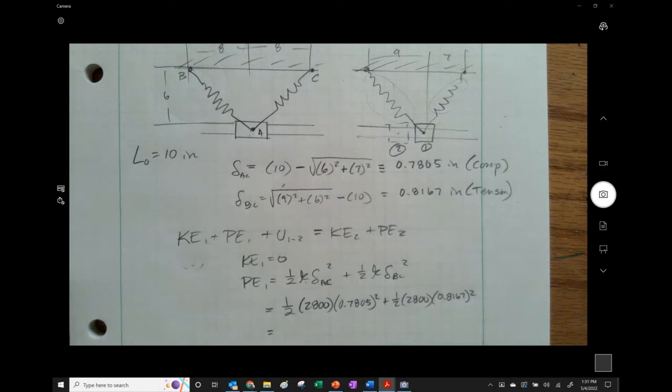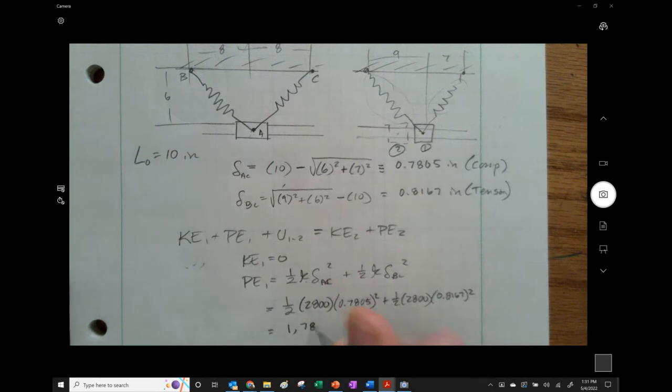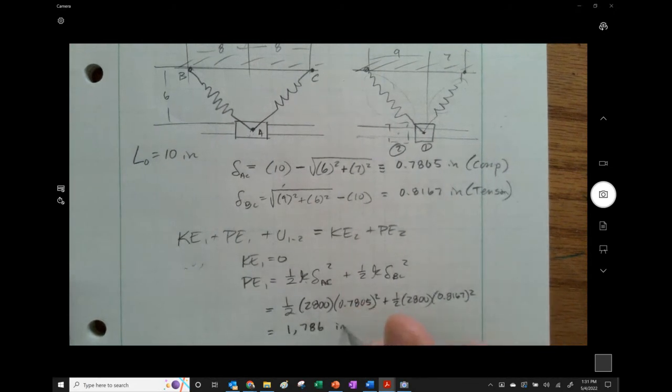So I get about 1,700 inch pounds, and divide by 12. Get 148.9 foot pounds.